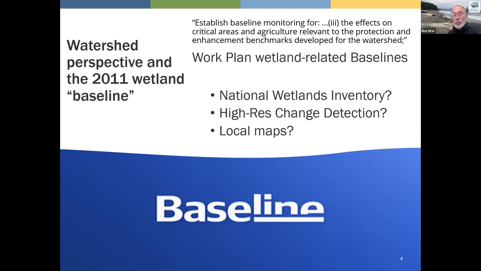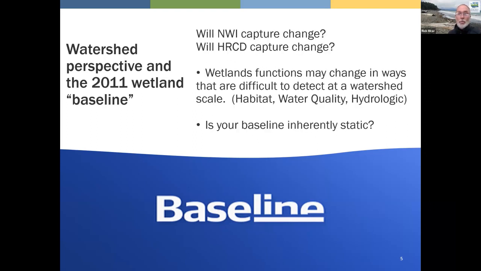But a rhetorical question to be thinking about at this point is, do any of these data sources address protecting wetland functions and values in a way that would allow for a comparative analysis moving forward? We'll talk about that a little more in a minute. So, does NWI capture change? You have the 5-year reporting requirement.